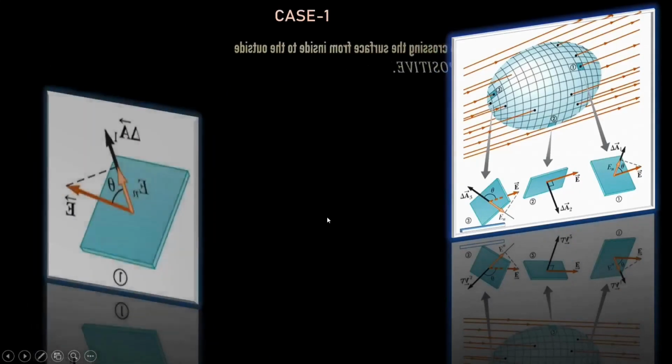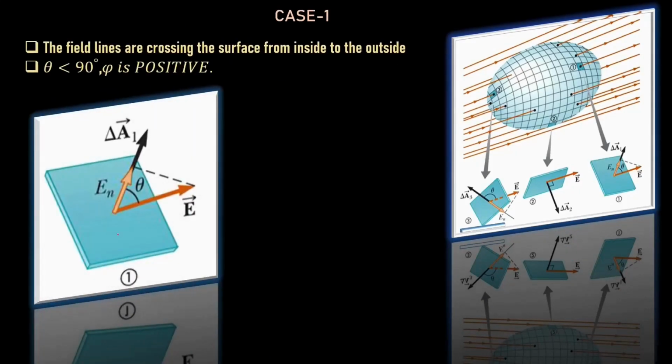For case 1, here is the enlarged figure. If we concentrate on the field lines, the electric field is pointing along, suppose, the x-axis, here the positive x-axis.